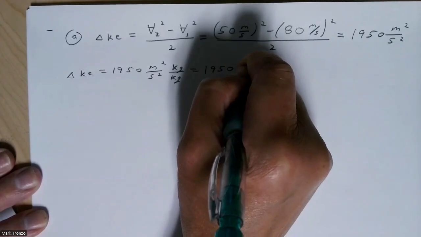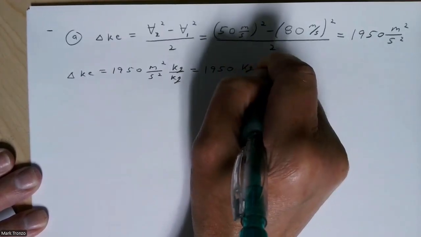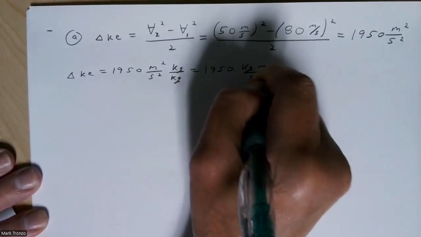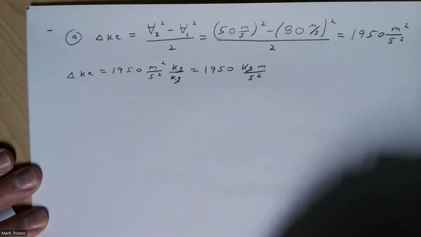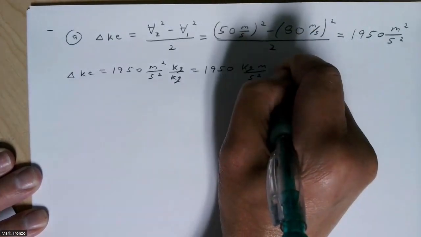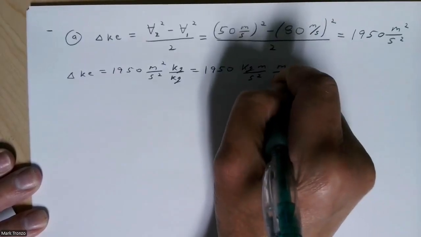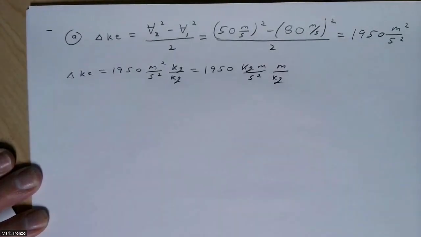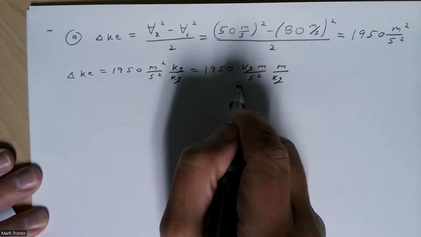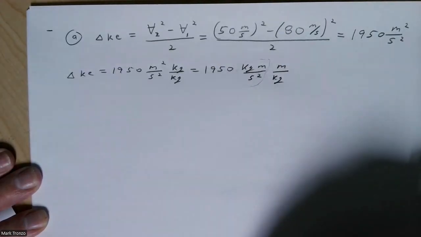And then we can change that to kilogram meters per second squared, and we're left with a meter and a kilogram. And of course, this is a Newton.